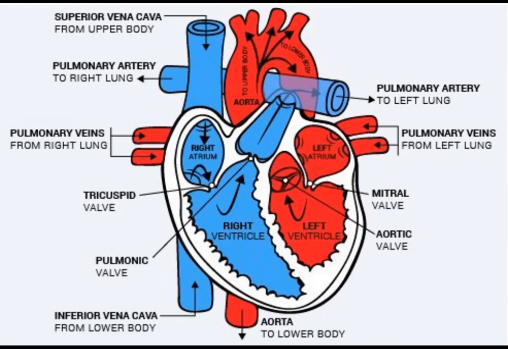And that clean blood is going to be pumped out of the left ventricle out to the body, okay? So the left heart, specifically the left ventricle, will pump the blood out to your body for your body to use that oxygen and those nutrients, and so on and so forth, right?